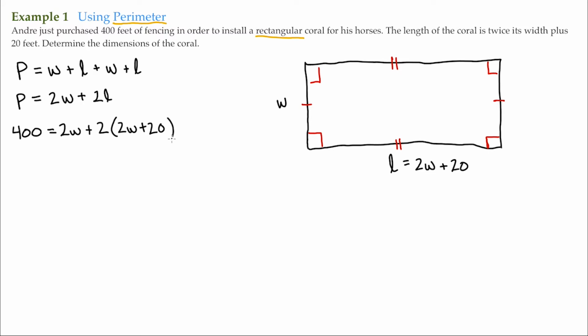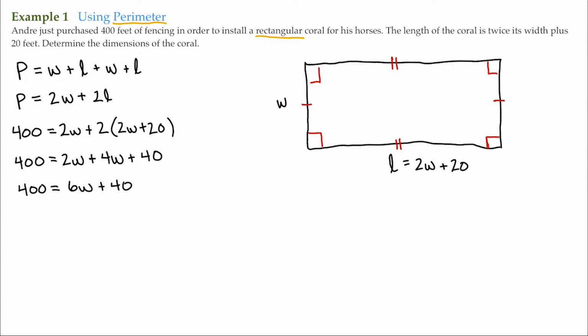So now we can solve for W. So I'll write this as 400. That's equal to 2W. And now I'm going to use the distributive property. 2 times 2W, that's 4W. And 2 times 20, that's 40. We can now gather up like terms. 2W and 4W, that's 6W.